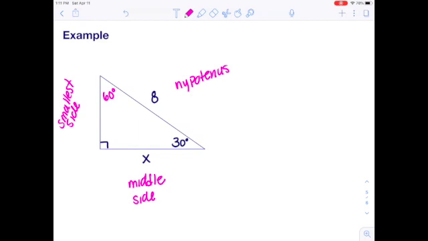All right, so remember our ratios are 1x, x times square root of 3, and 2x. So to go from your hypotenuse back to your smallest side, we're going to divide by the ratio of 2.